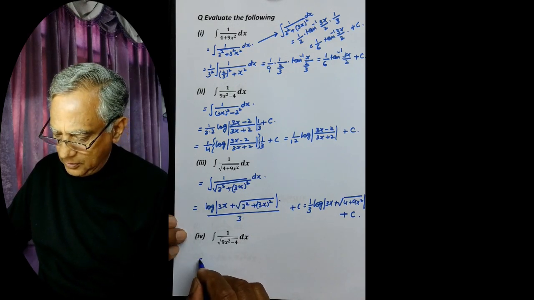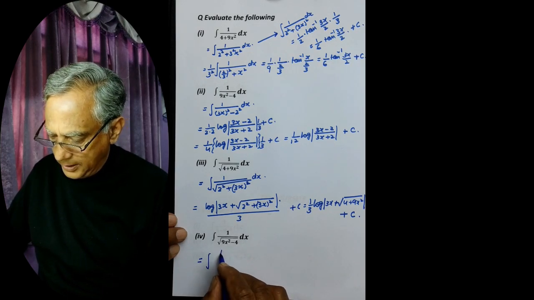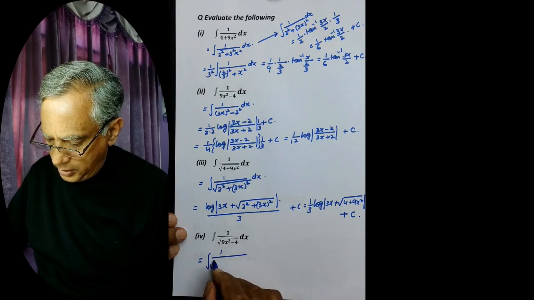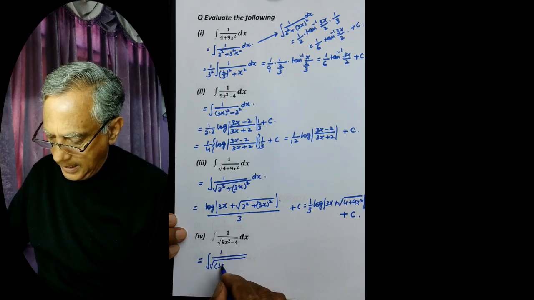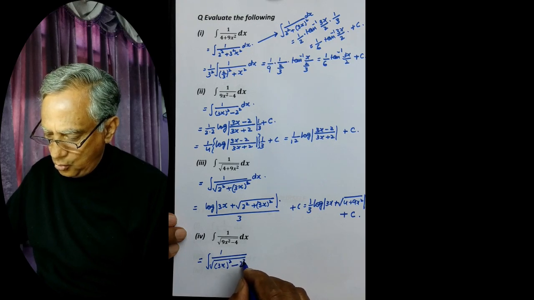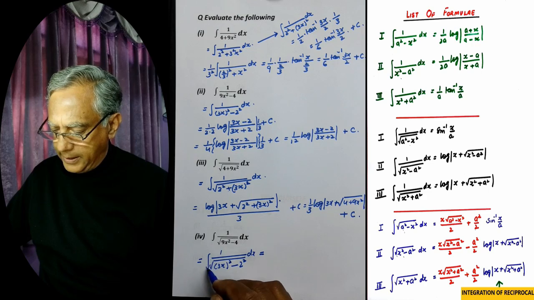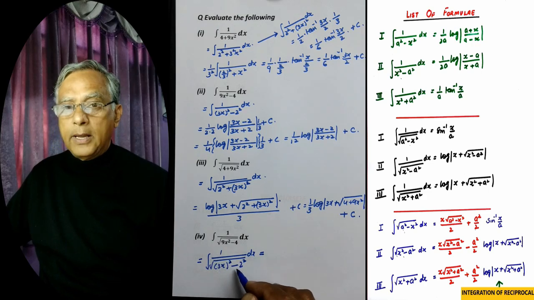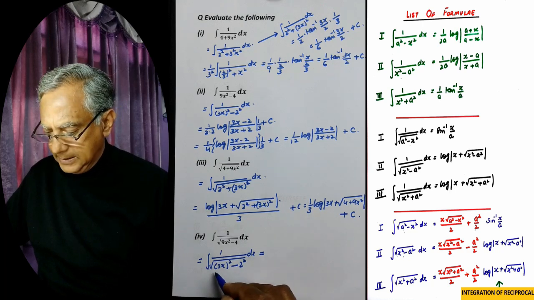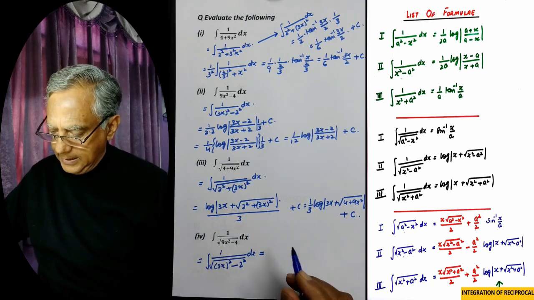And in this case, we have integral 1 upon under the root 3x whole square minus 2 square dx. And the formula for integral 1 over under root x square minus a square is log of x plus under root x square minus a square.